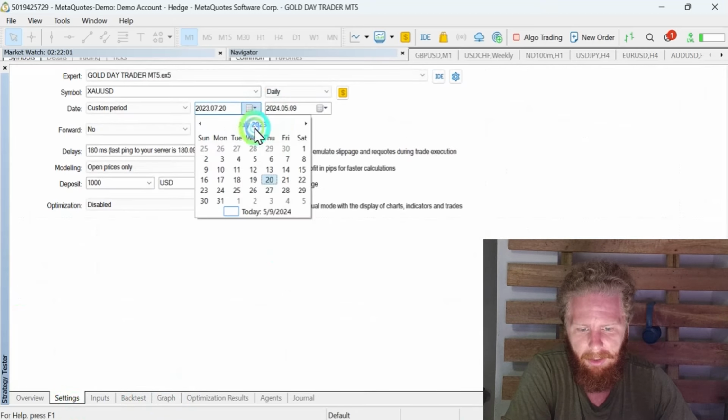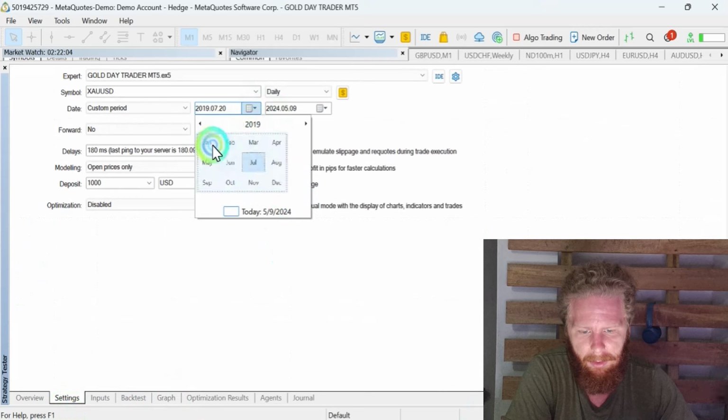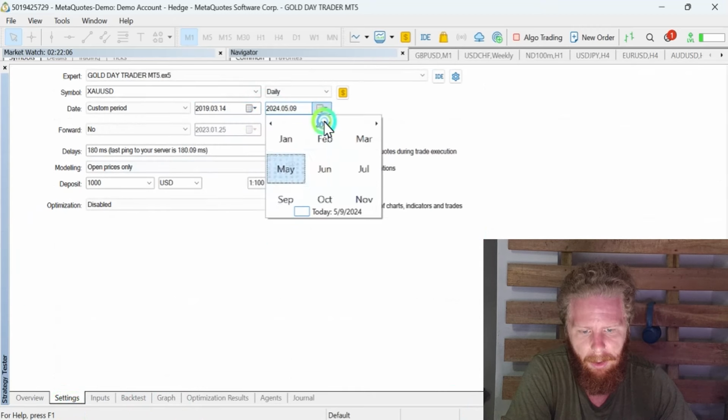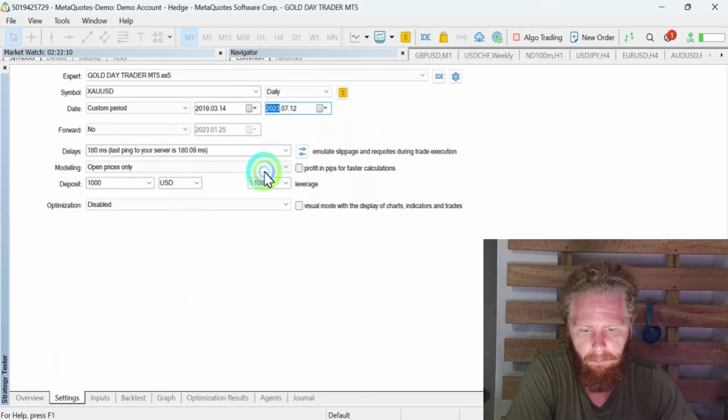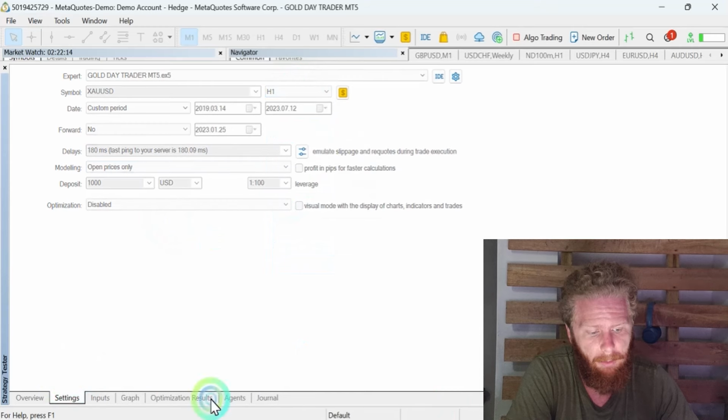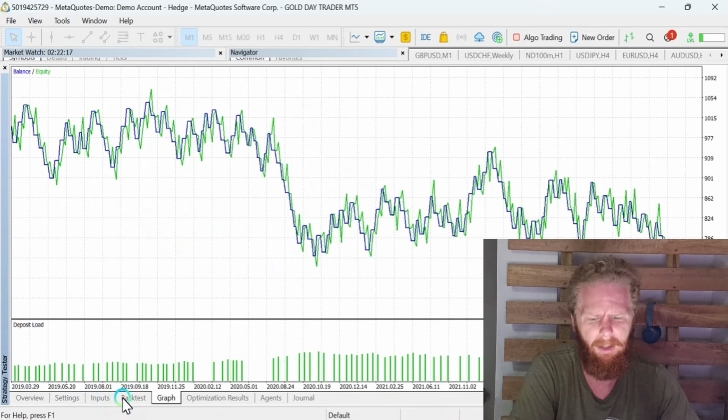So it was fun. Let's go back, and I think we are going to do an optimization with the 1 hour time frame, because there is a much higher number of trades there.